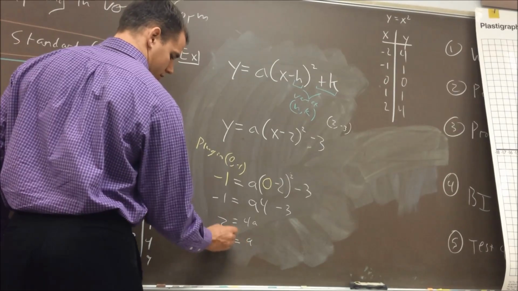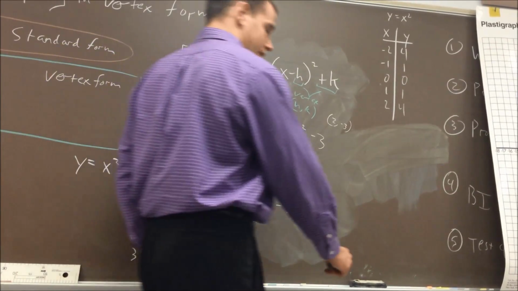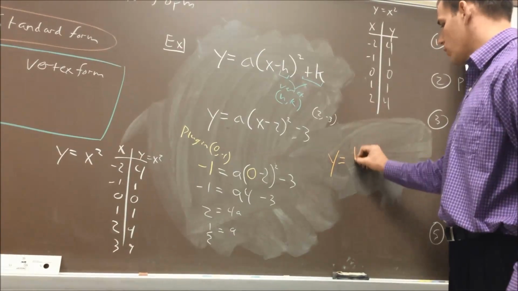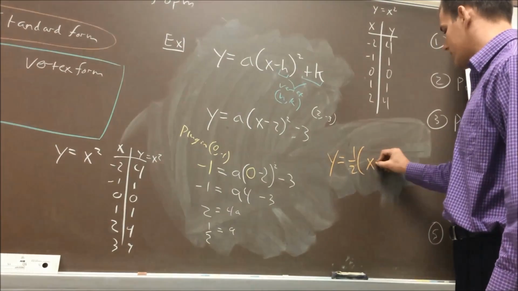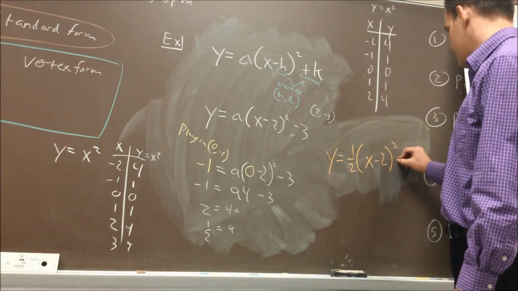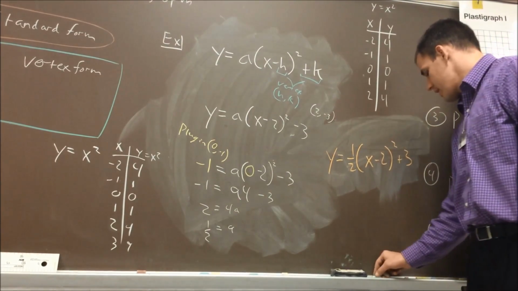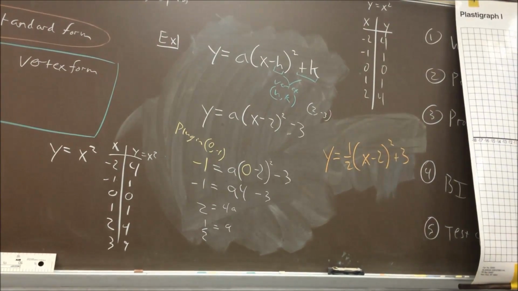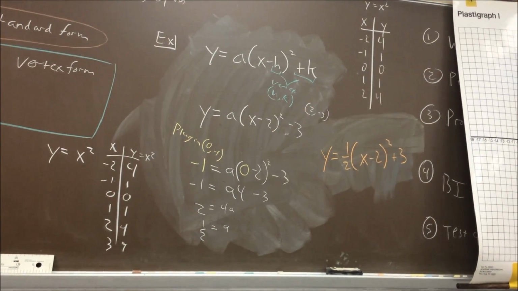A is equal to 1/2. So our final answer, we're just going to plug that in. Y is equal to 1/2 of x minus 2 squared plus 3. You'll notice I did put the x and the y back in.